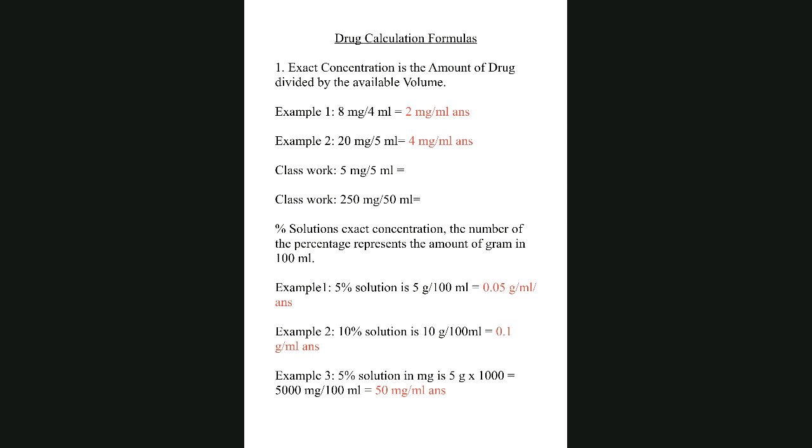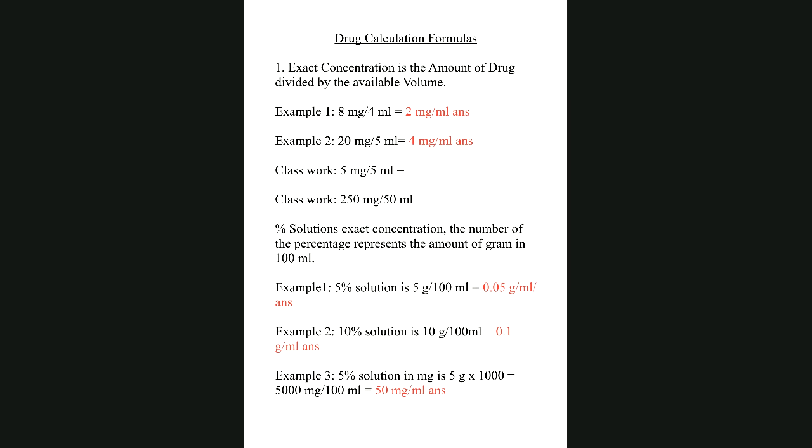So we had started to go through the drug formulas, and we had looked at exact concentration, right? The exact concentration is the amount of drug divided by the available volume. So it's the weight of the drug divided by the amount of fluid. And exact concentration is how much of the drug is available in 1 ml. We had gone through some examples, and I had covered the percentage.